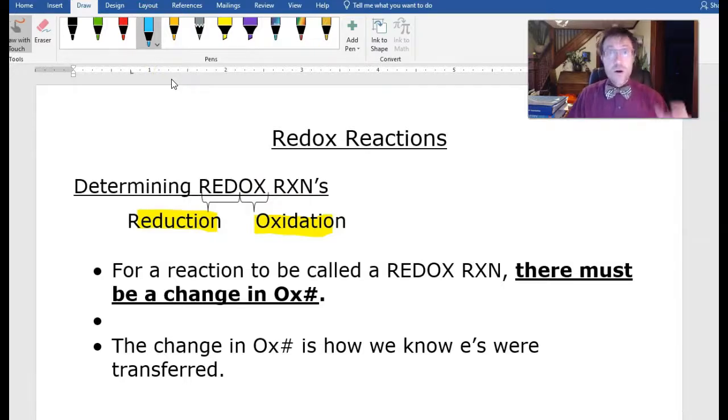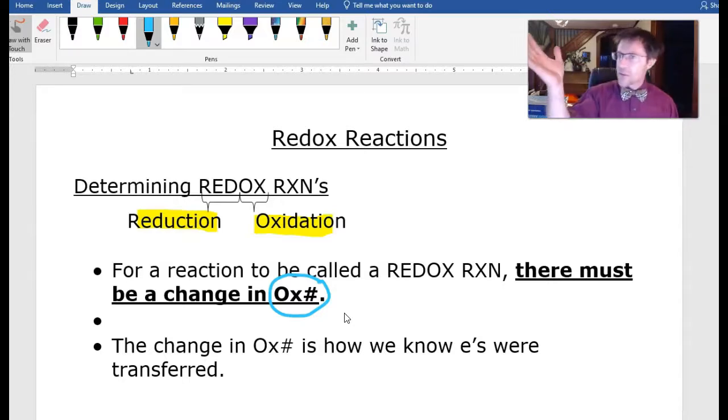For it to be considered a redox reaction, there has to be a change in the oxidation number. The oxidation number tells us how many electrons have been gained or lost, so it's like a bank account for your electrons. You have to either make a deposit or a withdrawal for it to be a redox.